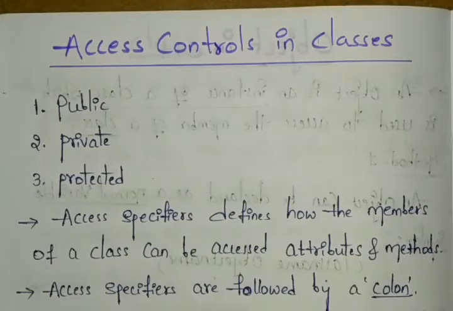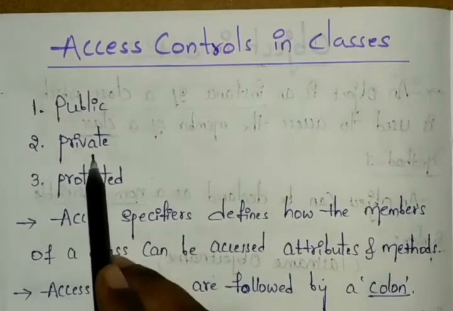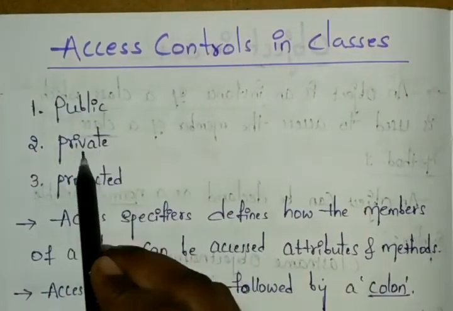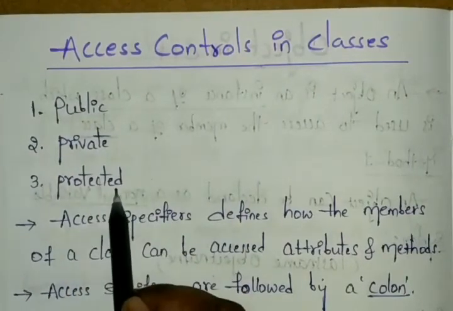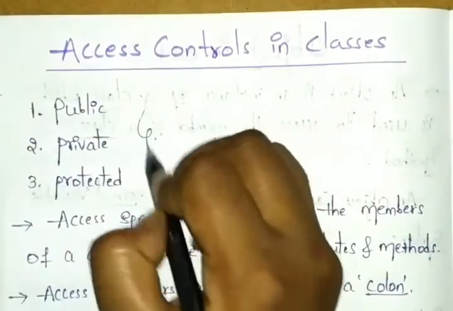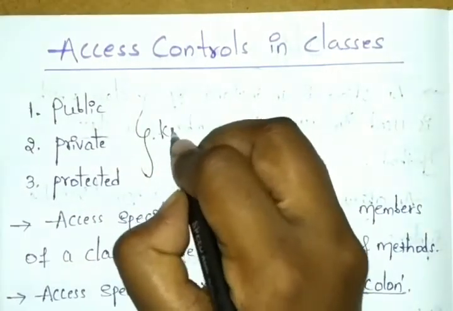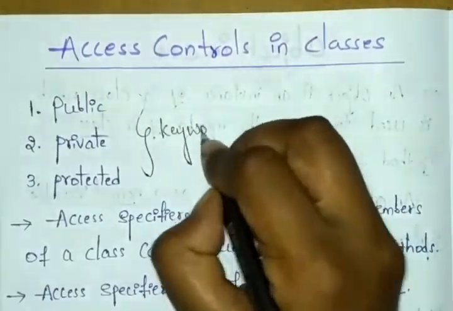Here we have three types of keywords in our access controls: public, private, and protected. These three are keywords in our classes.